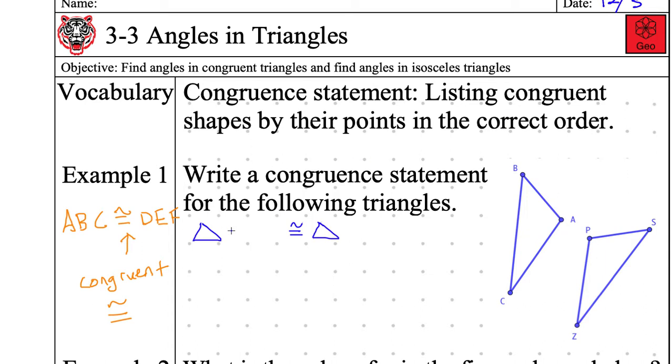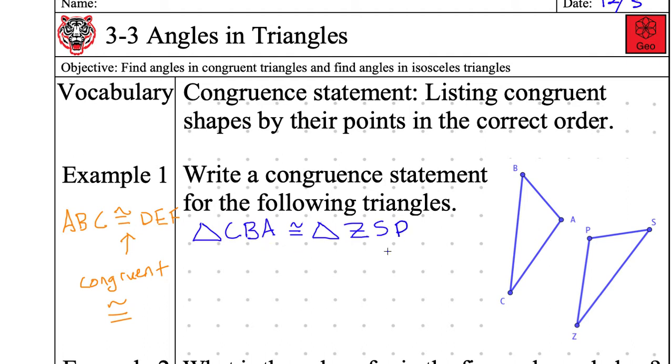Triangle CBA. Okay, so C is going to match up with? Not quite. So C is going to match up with? Z, and then B matches up with S, and therefore A matches up with P. There it is.